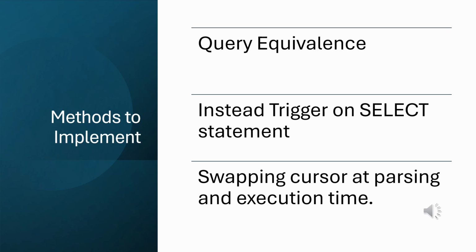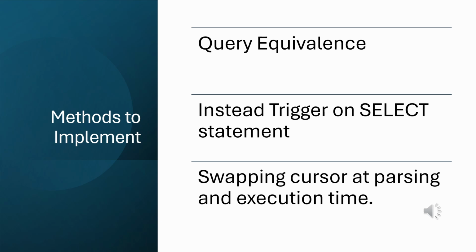We can also use an INSTEAD OF trigger on the SELECT statement. There is no such trigger at present, I just thought it would be nice to have an INSTEAD OF trigger on the SELECT statement, which will help us have more control. We wouldn't need to modify so many things internally for query equivalence; an INSTEAD OF trigger would easily be able to implement it.